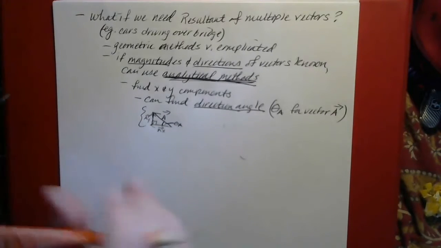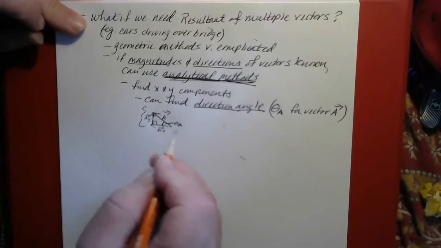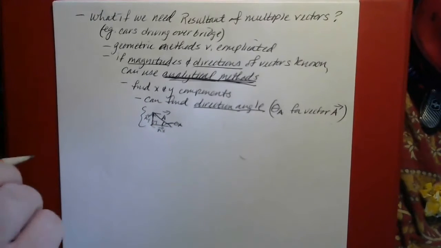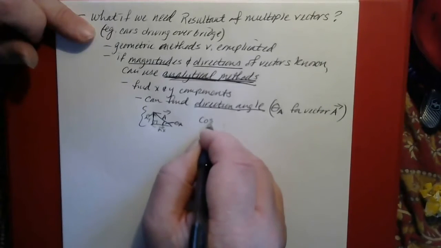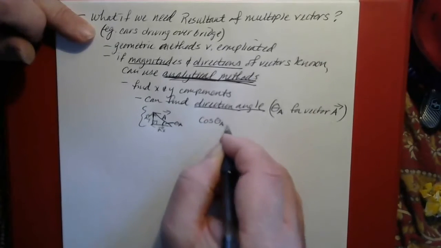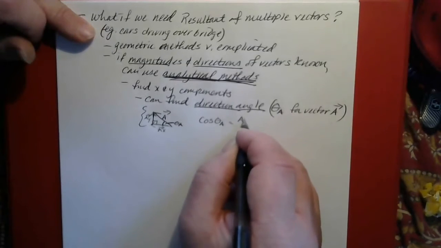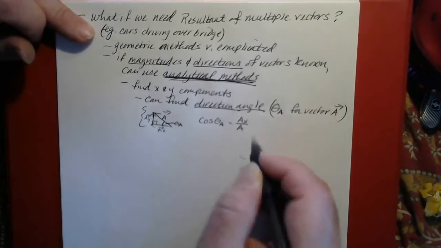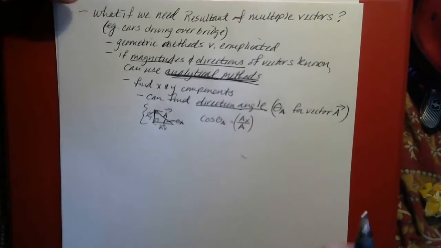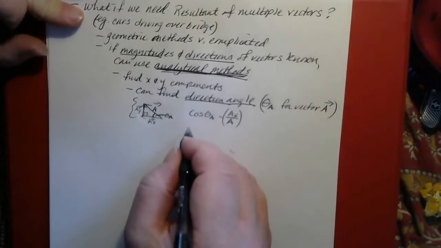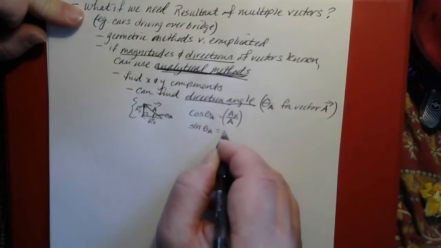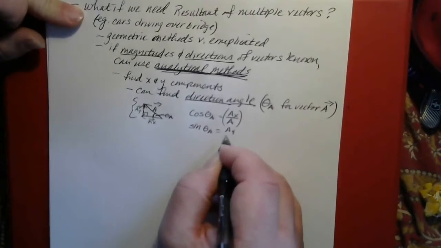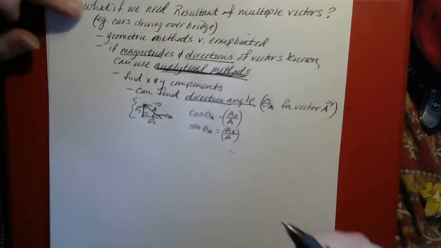The angle is the angle that the vector A makes with the x-axis, so that would be theta A. And the equations are fairly simple. Cosine of theta A is the magnitude of the x component of the vector over the magnitude of the vector itself. And the sine of theta A is defined as the magnitude of the y component of the vector over the magnitude of the vector itself.